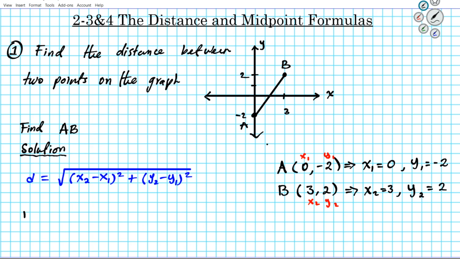So the distance D, which is the length of the line segment AB, is going to be the square root of the run squared, x2 minus x1, so that's 3 minus 0 squared, plus the rise squared, y2 minus y1, 2 minus negative 2 squared. And then we complete our radical bar.